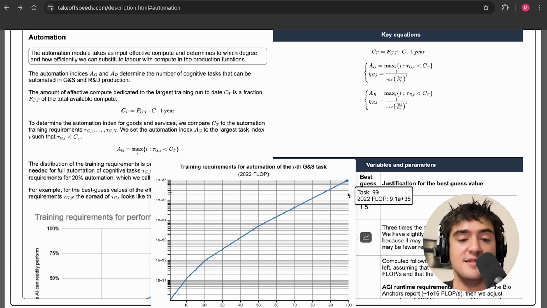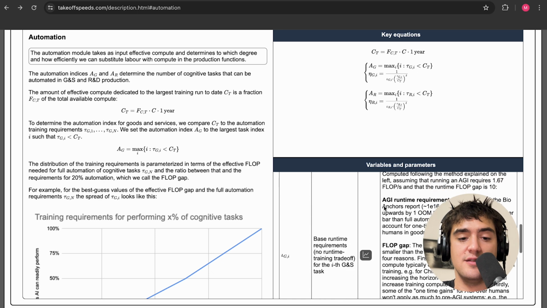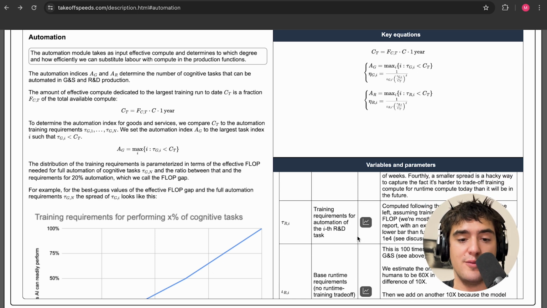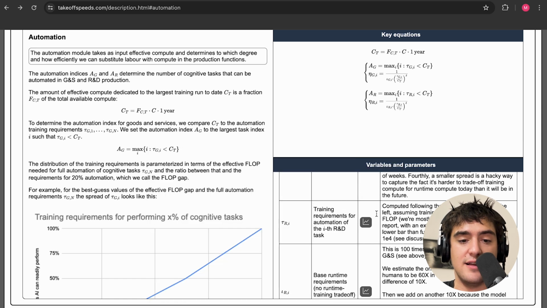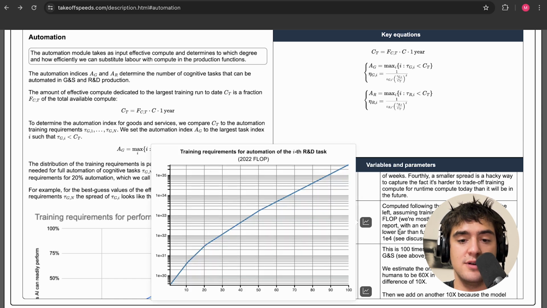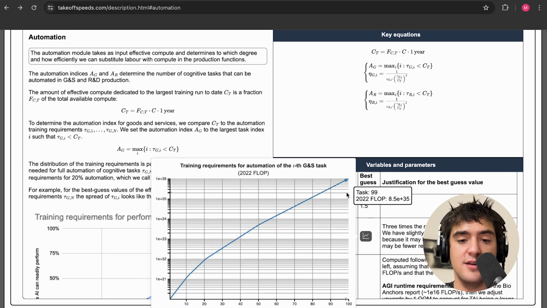The basic idea is that as you get more and more compute, you're able to automate more and more of these tasks. And this is the amount of compute for goods and services. And if you go into the amount of compute for AI R&D, I think the values are slightly lower, 3E35, whereas before for goods and services, you would go until around 9E35.